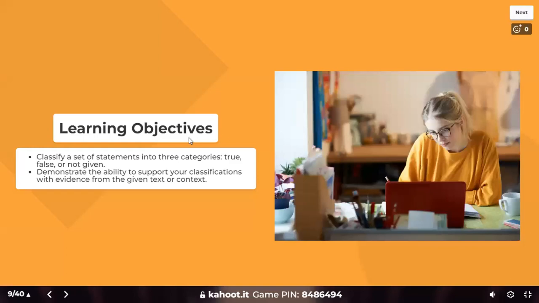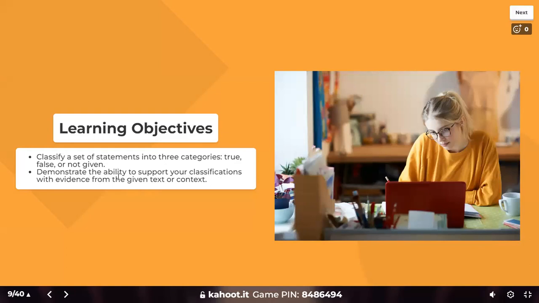Okay, what are we going to do today? Now, these are the learning objectives. We're going to classify some statements into 3 categories: true, false, or not given. And the second thing, we're going to demonstrate the ability to support your classifications with evidence from the text. So you will tell me, well, it's true. And number 2, what do you need to do? You need to give me some textual evidence.